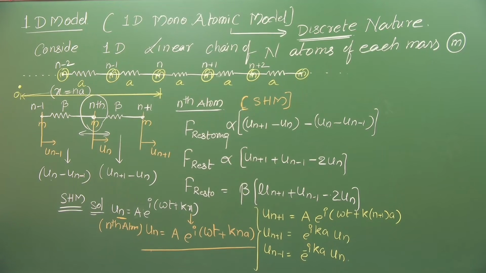Beta is the stiffness, force per unit length, and after that the SHM solution, everybody knows, is sinusoidal. First I wrote it for the nth atom, and by using that I wrote it for the remaining atoms. If anybody wonders why the same amplitude is taken, because it is the same atom, that's why it will vibrate with the same amplitude.